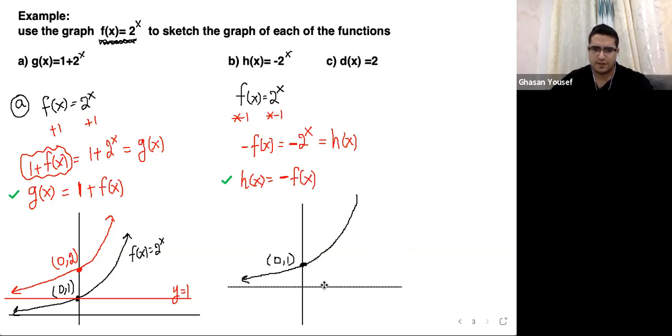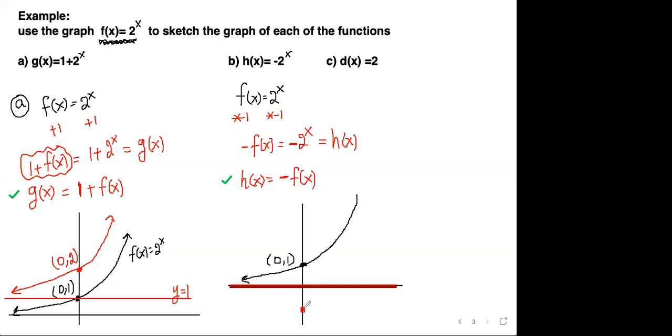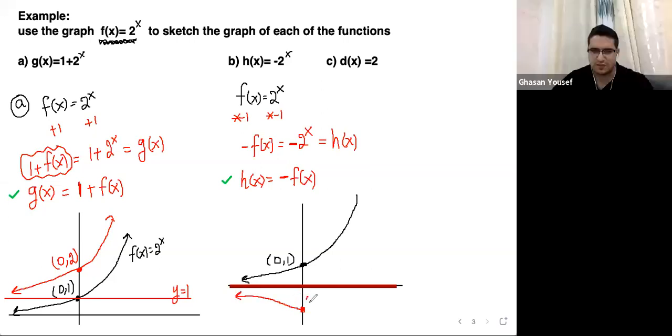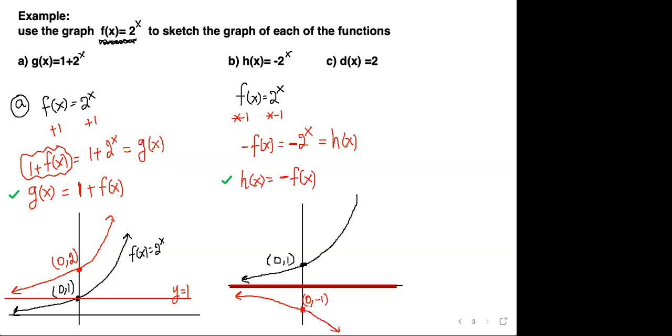So here is the x-axis. We have to reflect all these points around the x-axis. So my mirror now is my x-axis. We have to reflect all the points. The important point you have to show me when you graph something like this is this point. When you reflect it, it will be here, and this point is (0, -1). Exactly, this is correct, (0, -1). This is the important point you have to show me when you graph something like this.